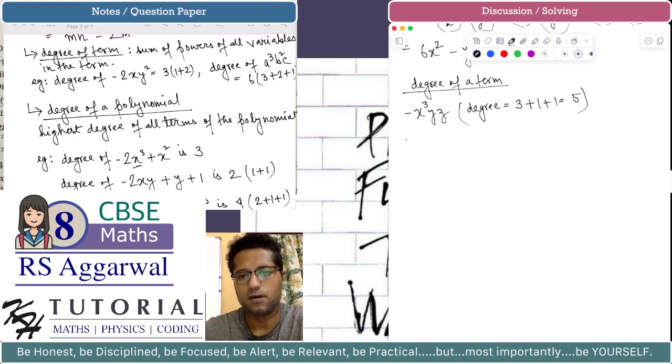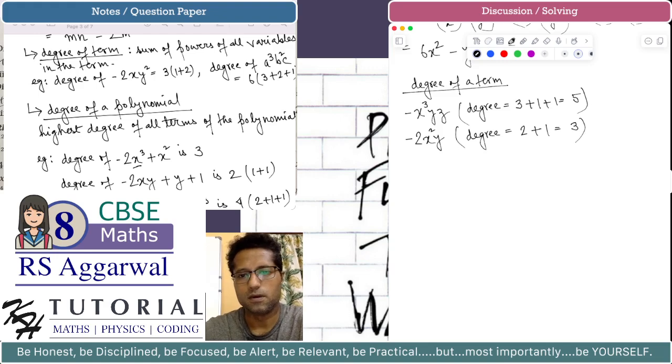Similarly, 2x square y, the degree of this term is the sum of the powers of the variables. The power of the variable x is 2 and the power of the variable y is 1. So the degree becomes 3. Let's take another example.